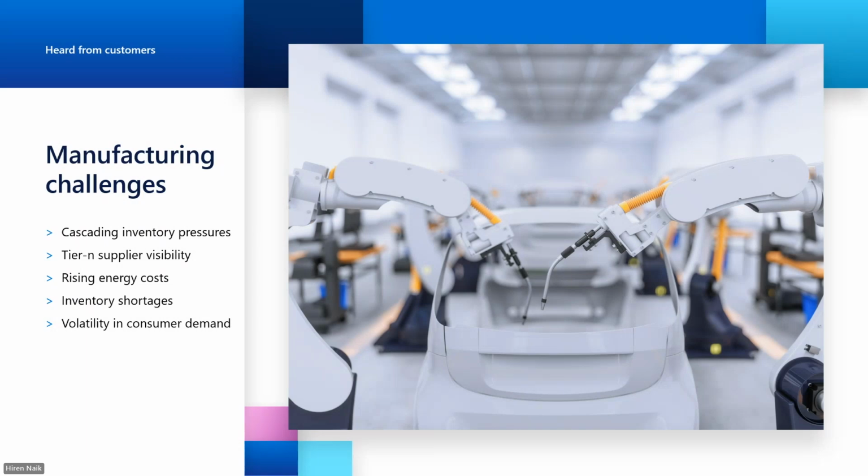Rising energy cost also affects the price, while the push to operate sustainably is often undermined by reactive, inefficient action, like one-off air freight to address sudden demand spikes. Those factors converge, driving a prolonged bullwhip effect that disrupts the entire supply chain efficiency in the manufacturing industry.